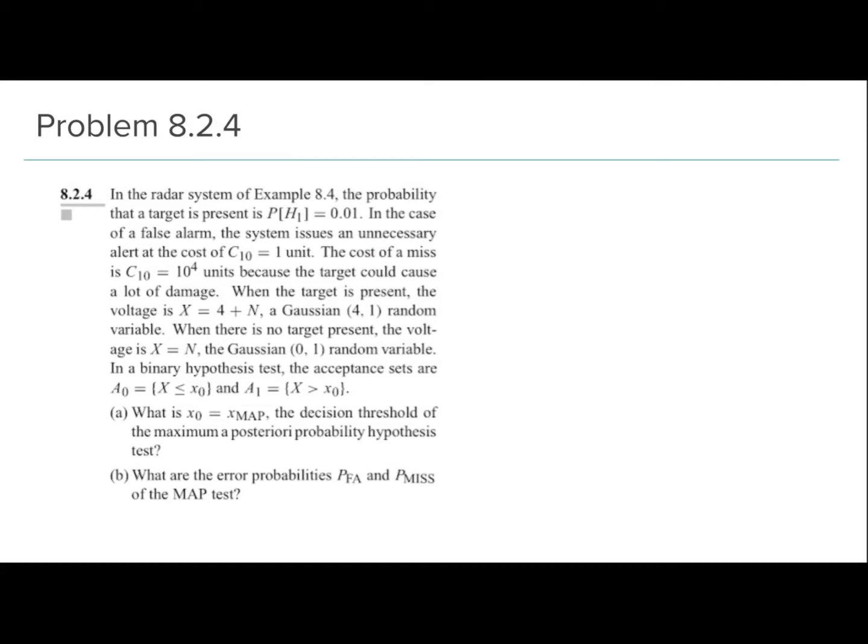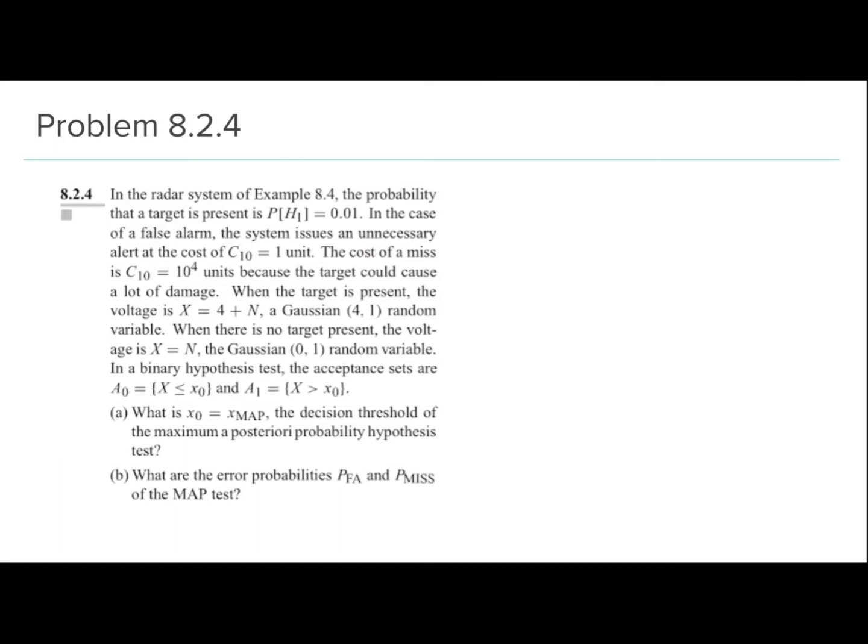The cost of a miss is C01 equal to 10 raised to the power 4 units because the target could cause a lot of damage. When the target is present, the voltage is x equal to 4 plus n, a Gaussian 4,1 random variable. When there is no target present, the voltage is x equal to n, the Gaussian 0,1 random variable.